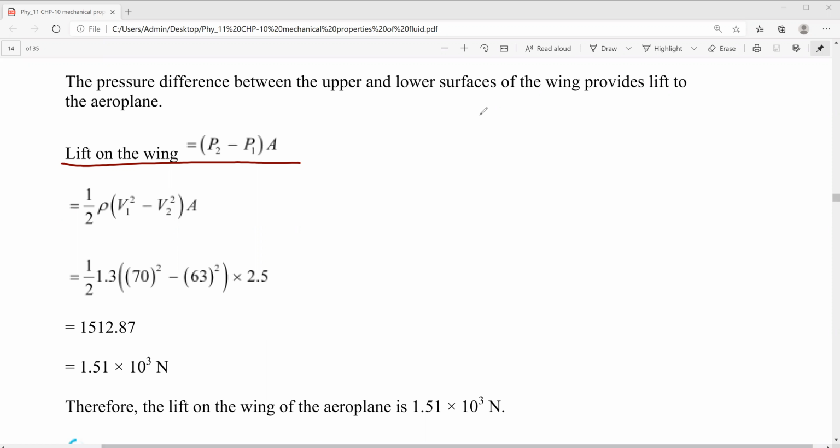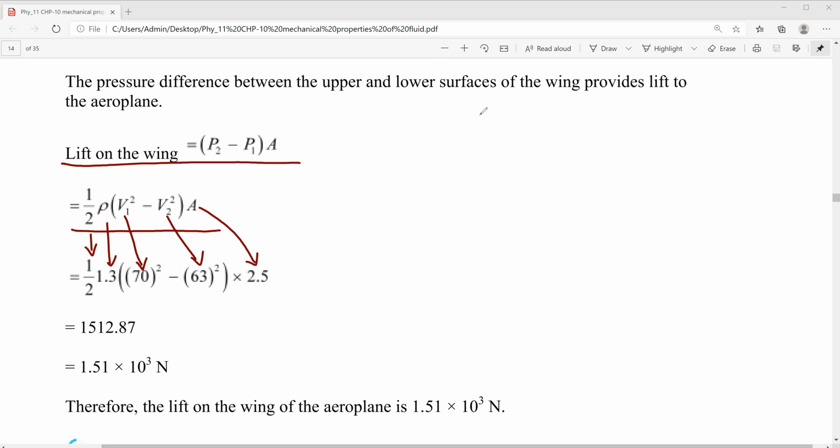P2 minus P1 from Bernoulli's principle is substituted as half rho (V1 square minus V2 square) into area. So half is kept as it is. Density is substituted as 1.3, and here the V1 value is 70. We take the square factor, and the area is 2.5.